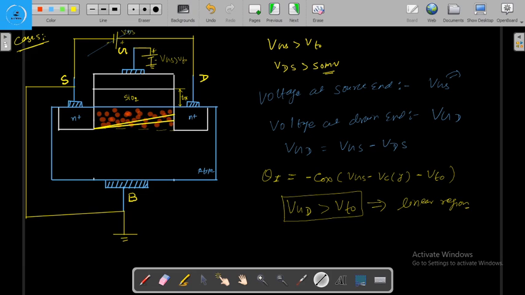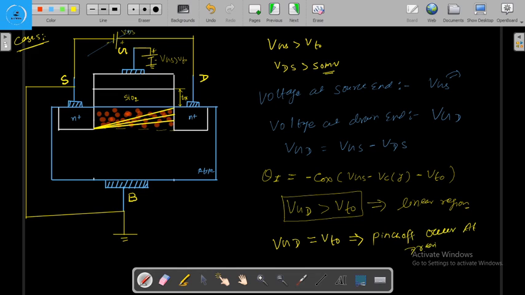Initially this was the channel, now this is the channel, and again the depth of the channel is decreasing at the drain end. When this VGD will be equal to the VT naught, then the pinch off occurs at the drain end.